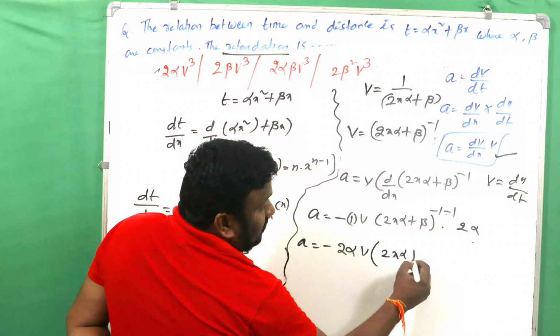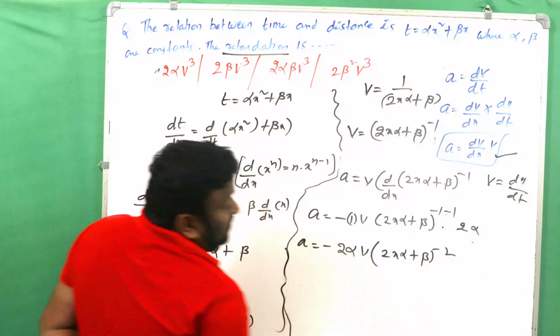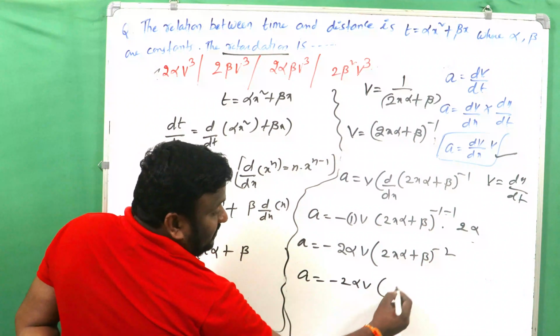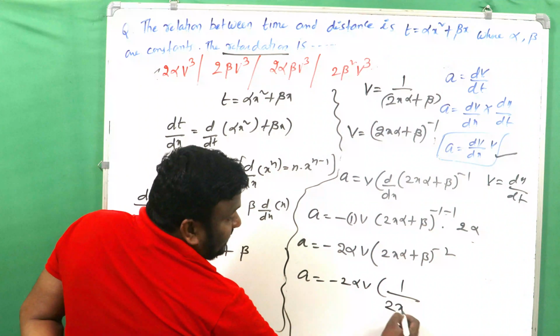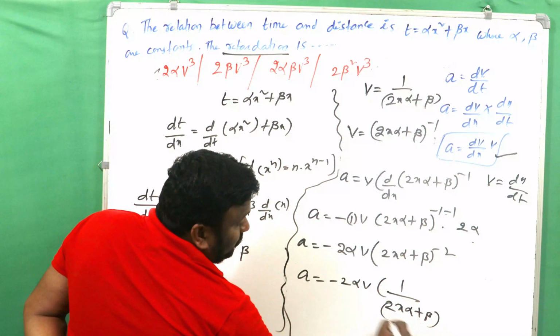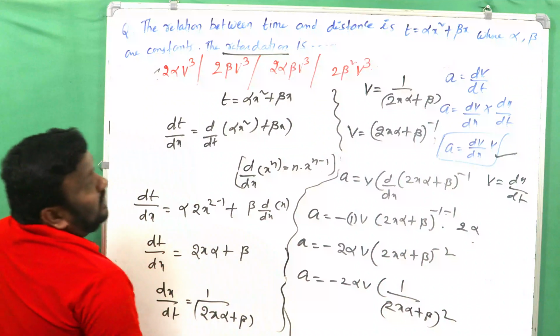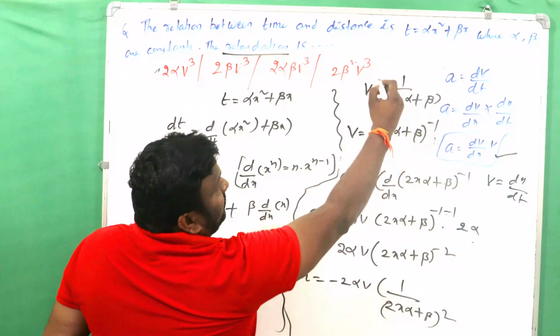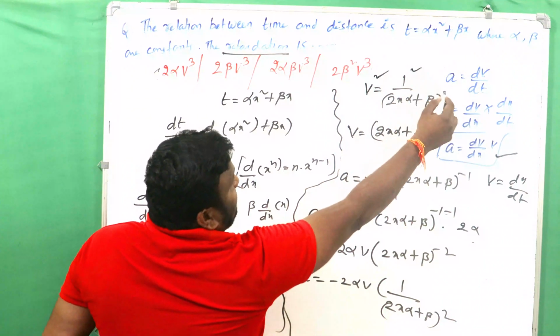And this is (2x alpha plus beta) whole to the power of minus 2. The same thing can be written as minus 2 alpha v, times 1 by (2x alpha plus beta) whole square. And what is the v value? v is equal to 1 by 2x alpha plus beta. Then v square means 1 square by this one.